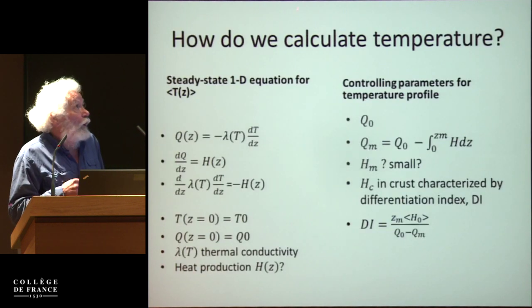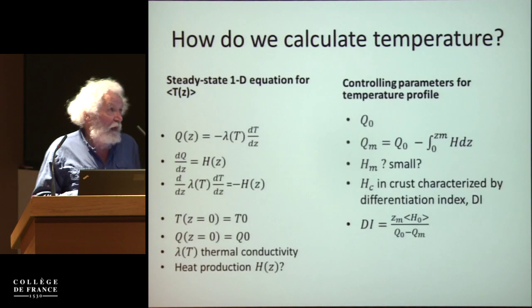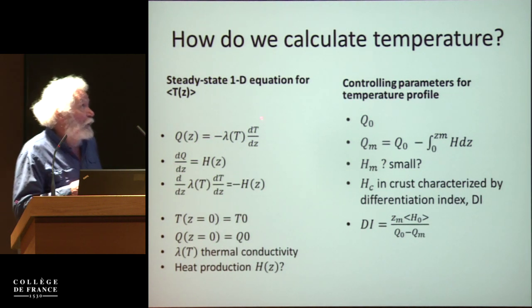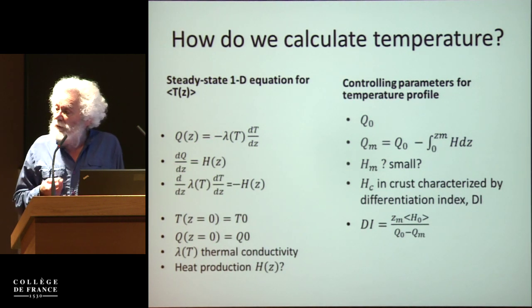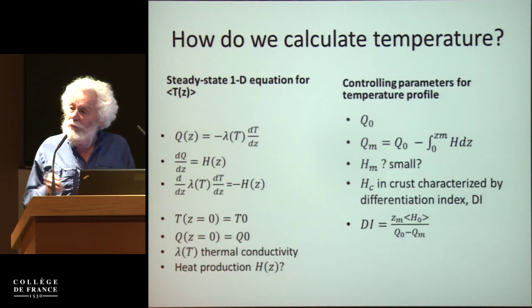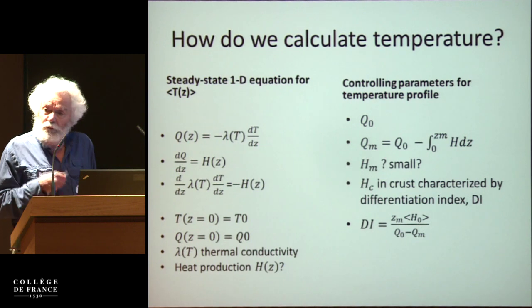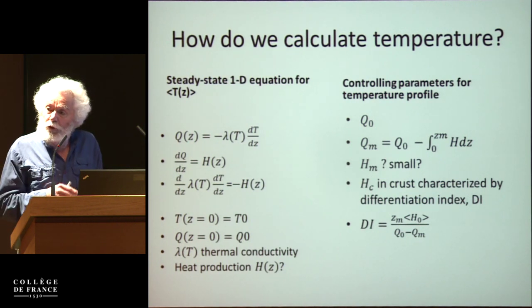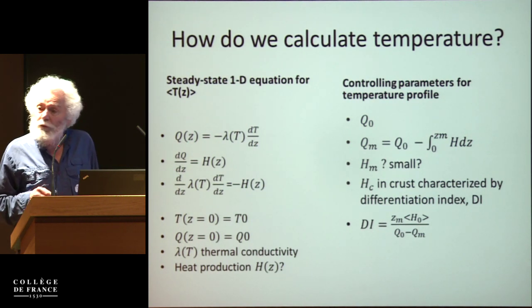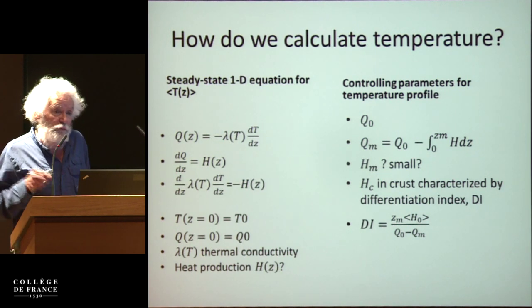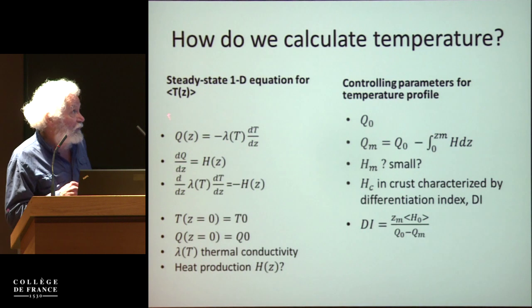Now, how do we calculate temperature from that? Well, we solve the steady-state heat equation. We assume we are looking at regional averages, so we assume that we are looking at temperature on a horizontal scale of a couple of hundred kilometers, to compare with the lithospheric thickness.